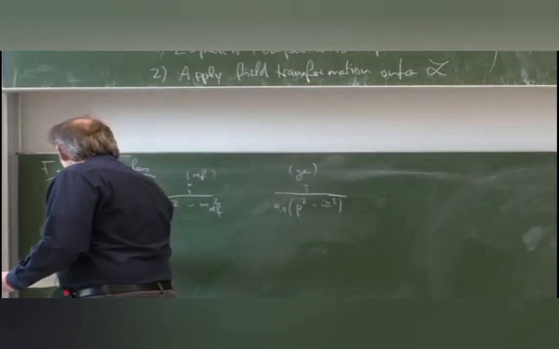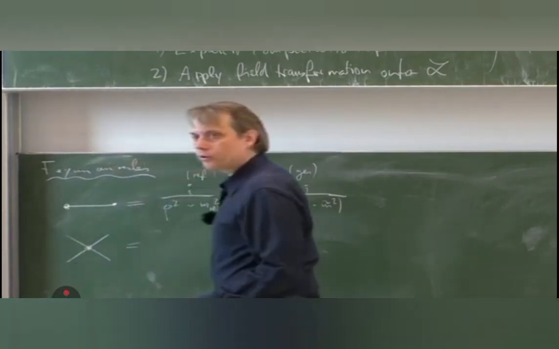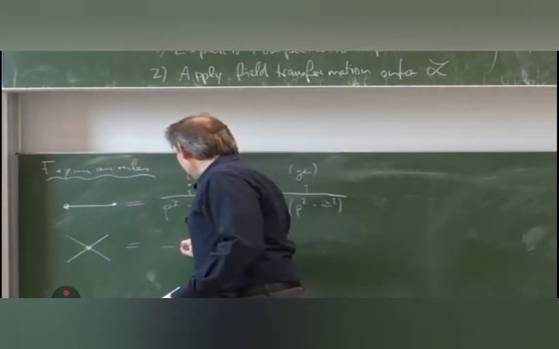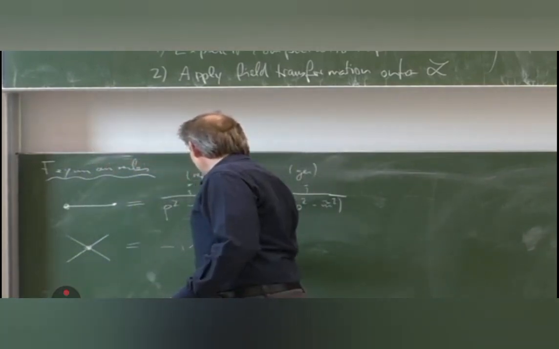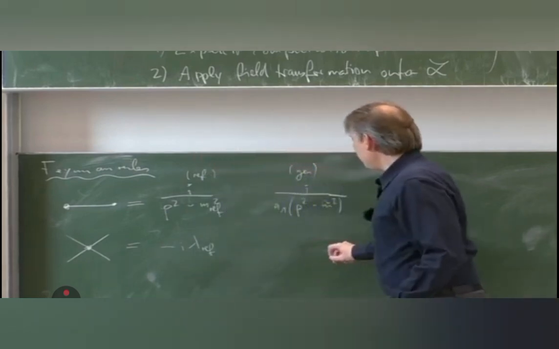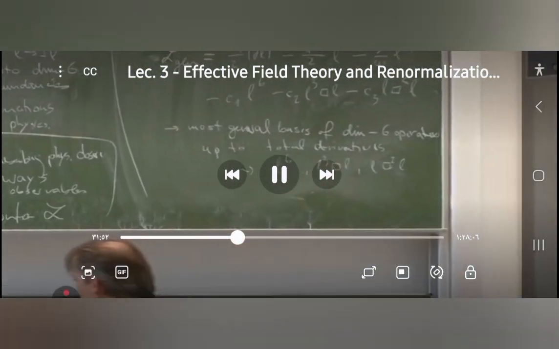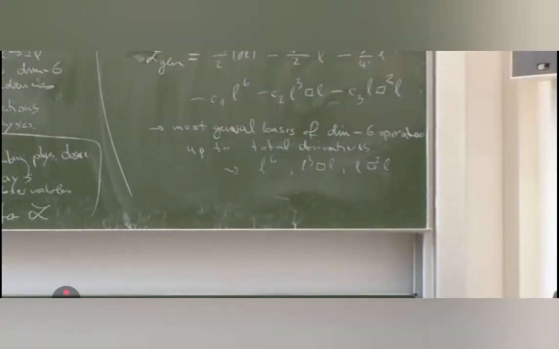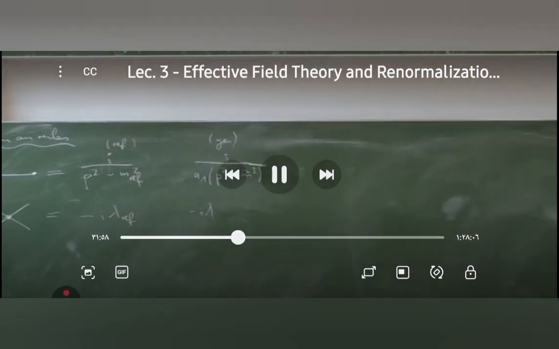The next Feynman rule is for the quartic interaction, and in the reference theory it is simply minus i lambda reference. But in the general theory it is different. First of all, we have the L to the 4 term over there, and that gives minus i times lambda without index. But then we have the C2 term.